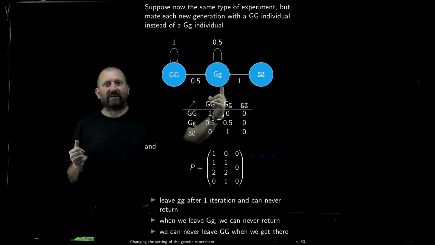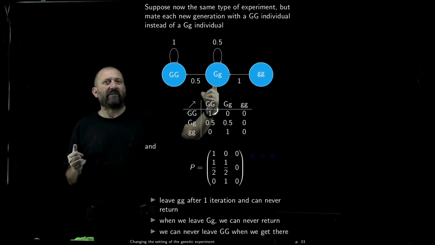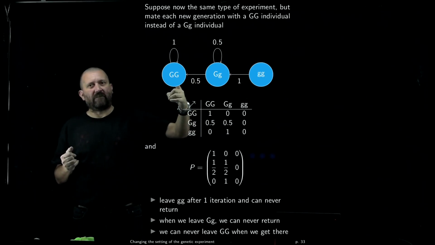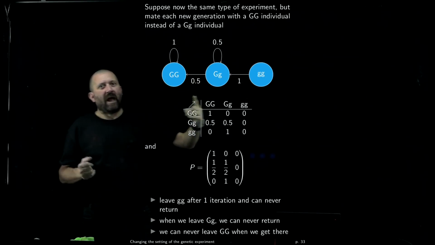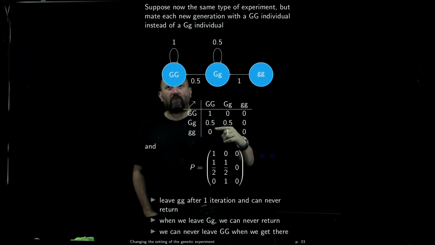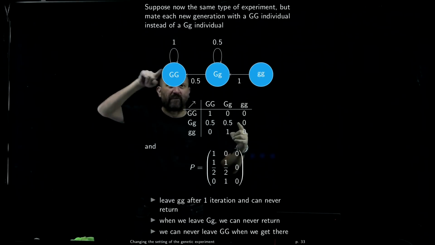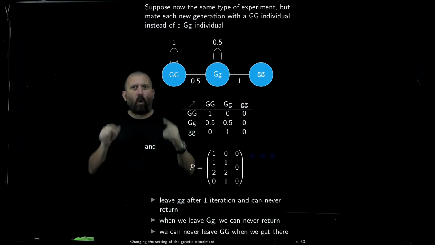If, on the other hand, you've picked a hybrid, well, with probability 1/2, it remains a hybrid, or with probability 1/2, it becomes dominant. And if you've picked a recessive, then with probability 1, because I'm mating it with capital G, I'm always going to pick up a hybrid, okay?